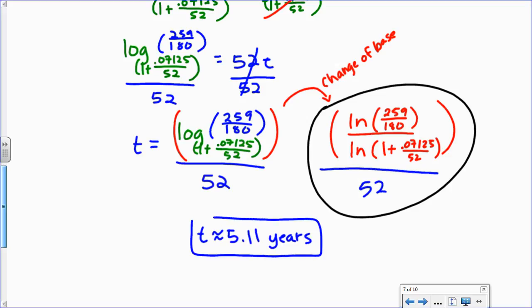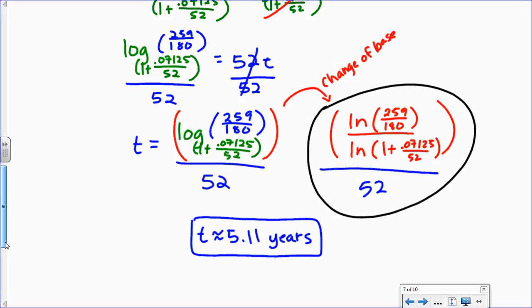Yes, Julie? Why did you use the natural log for that? So you could use natural log or log base 10, but I use those because those are the buttons on the calculator. Okay. A couple notes about this.